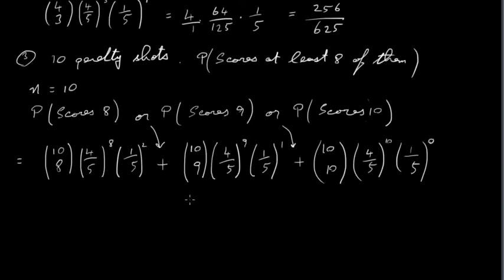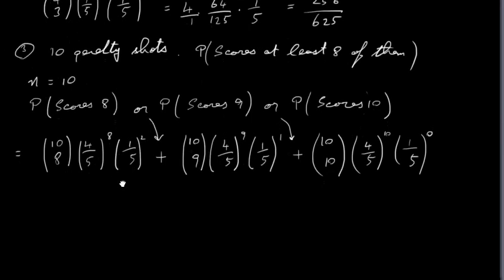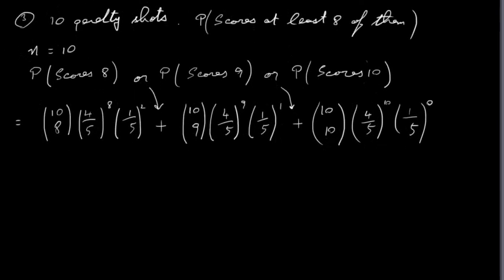If we add these three up, this will give us the probability that John scores at least 8 of his penalty shots. Okay, so let's just work all of this out. We're going to end up with some fairly big numbers here, but it's not too difficult.